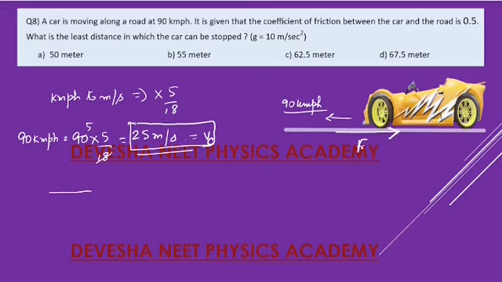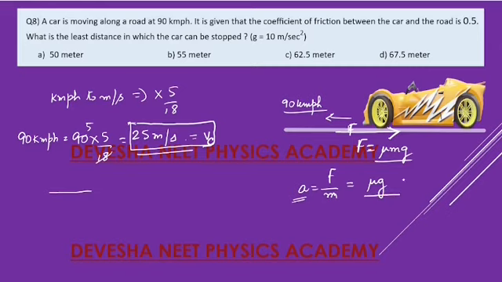And the deceleration which is caused is F by M. Now the force is equal to mu M G. So this is equal to the acceleration, or the deceleration here. Deceleration means the negative acceleration, because the frictional force acts against the motion and tries to reduce the acceleration of this body. F by m is equal to mu g.